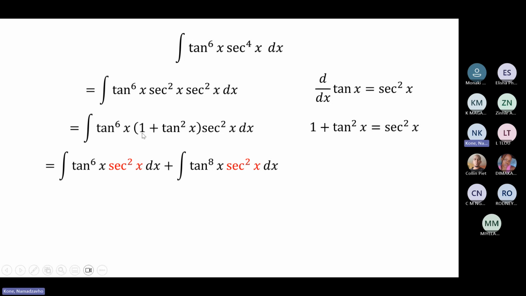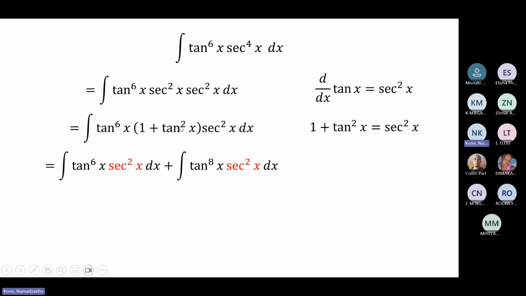Now the first integral is for tan to the power of 6. You can see tan to the power of 6 times 1 remains tan to the power of 6. And now I've written this sec squared x in red because it is just sitting there, so that tan is our f of x raised to the power of 6, and we can do the general power rule, that first rule that we talked about. You can see that that general rule is used almost everywhere. So you need to master that.